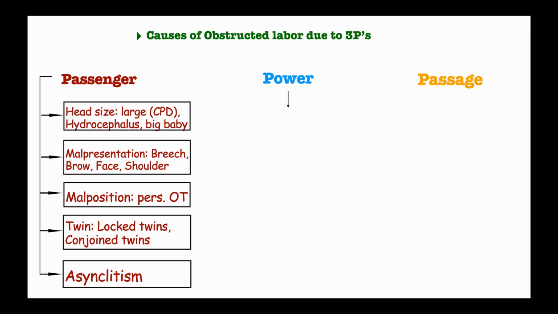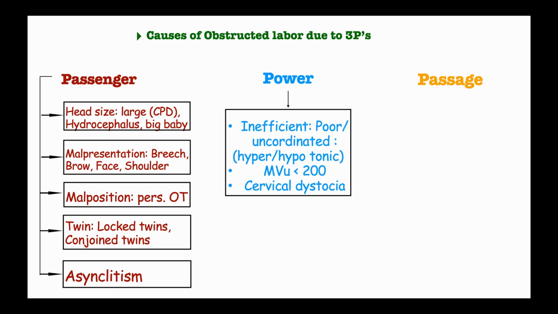Now, with power. Inadequate power due to poor or uncoordinated uterine contractions is a major cause of prolonged labor. It's either the uterine contractions are not strong enough to efface and dilate the cervix in the first stage of labor, or the muscular effort of the uterus is insufficient to push the baby down the birth canal during the second stage of labor.